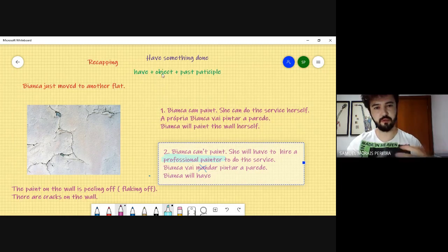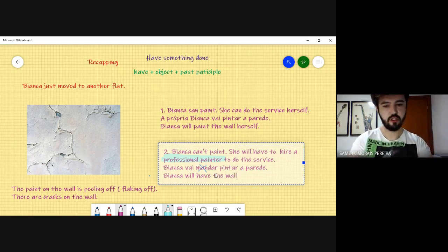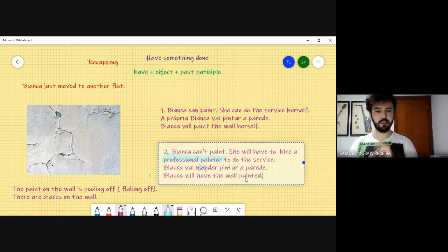Step number 2, you have to pay attention to the object of the verb. So, o que vai ser pintado? Ó, a parede. So, you see here, the wall. She will have the wall. And then you have to use here the verb in the past participle. The verb is paint, but you have to use it with ed because it is regular. So you say like this: Bianca will have the wall painted.